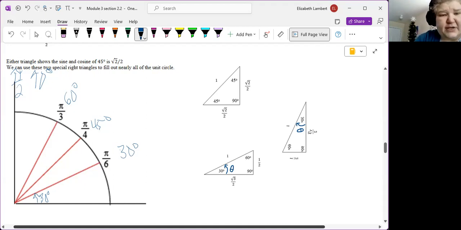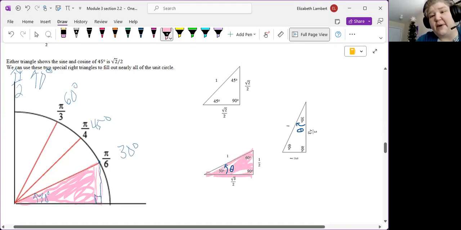So our 30 degrees here, if I take that point on the unit circle and drop my height down, I now have a triangle. And that is this triangle. Since we know our radius is 1 because it's a unit circle, then we know the x and y coordinates now.